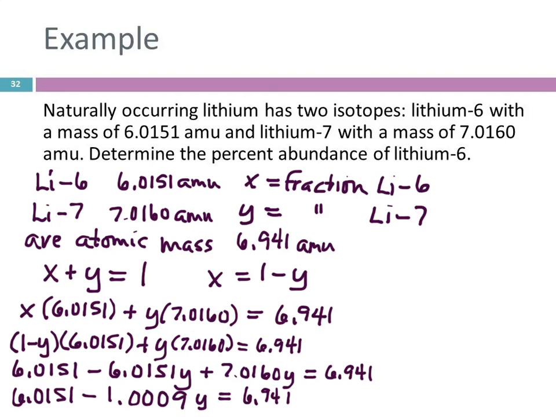Running out of space, I'll move up to the top of the slide. Now I need to get this on the other side, so I'm going to subtract 6.0151 from both sides. So we've got 6.941 minus 6.0151 equals, so I'm going to just keep going up here at the top. I'm going to end up with minus 1.0009 times y is equal to, no, I'm sorry, that's plus.